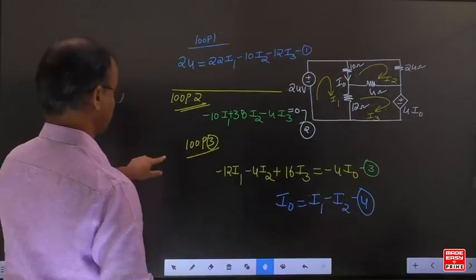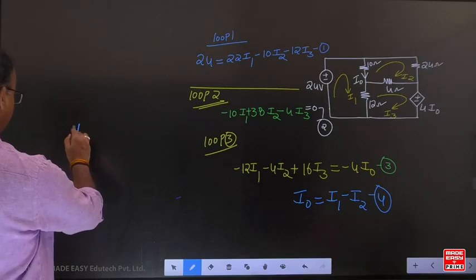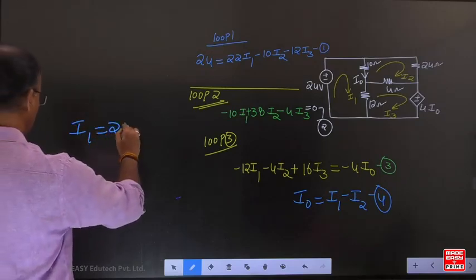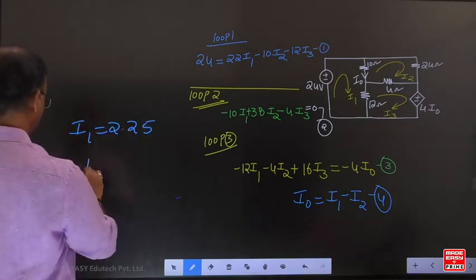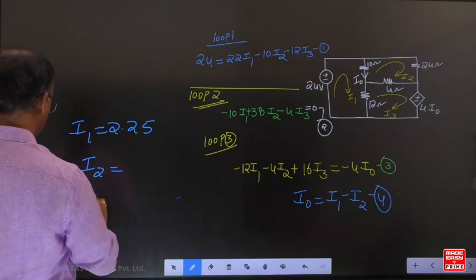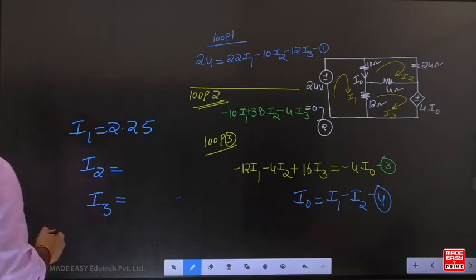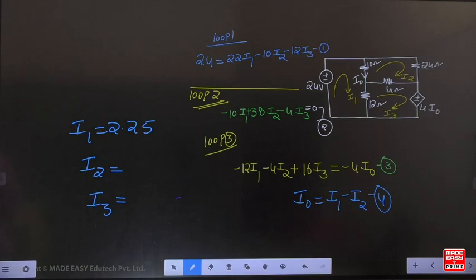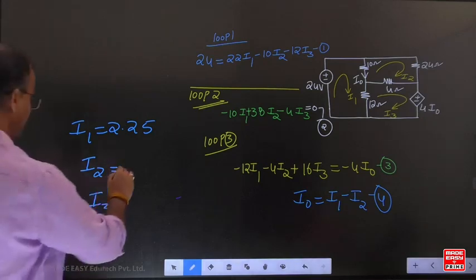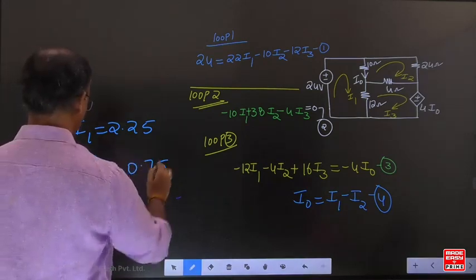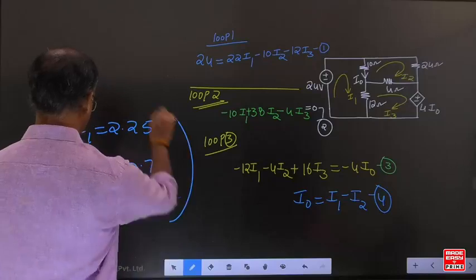Check once. 2.25. And what else, how much? Somebody is saying 0.75, 1.5.